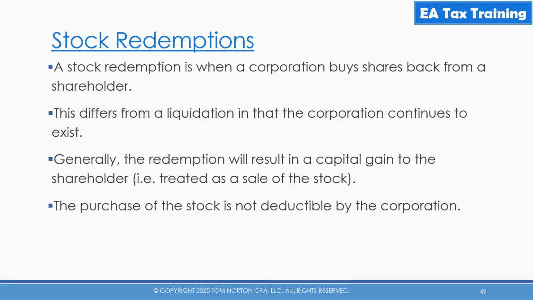In exchange, the shareholder is giving the company back that stock. So that is a capital gain to the shareholder. The purchase of the stock by the corporation is not deductible by the corporation. When a corporation buys their own stock back, that is called treasury stock, and that actually reduces shareholders' equity. It is not an expense.